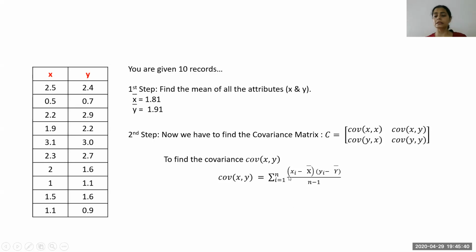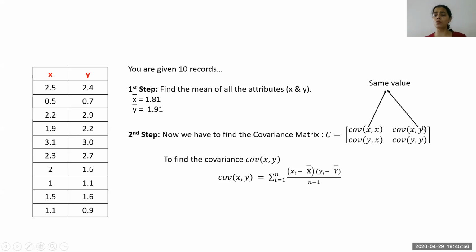This entire term is divided by 9, that is n minus 1, that is 10 minus 1. This is how we generate the covariance of x with y.